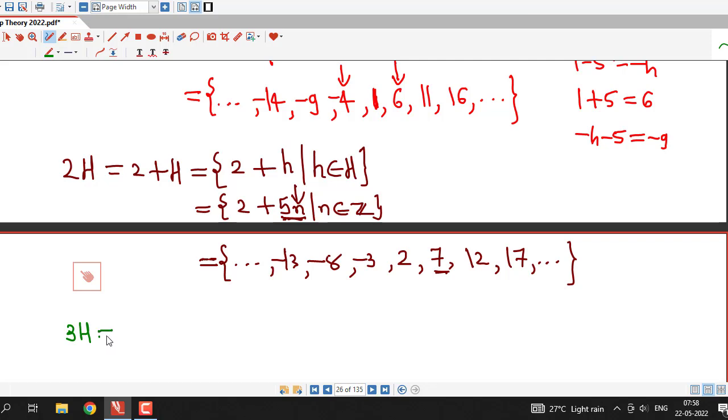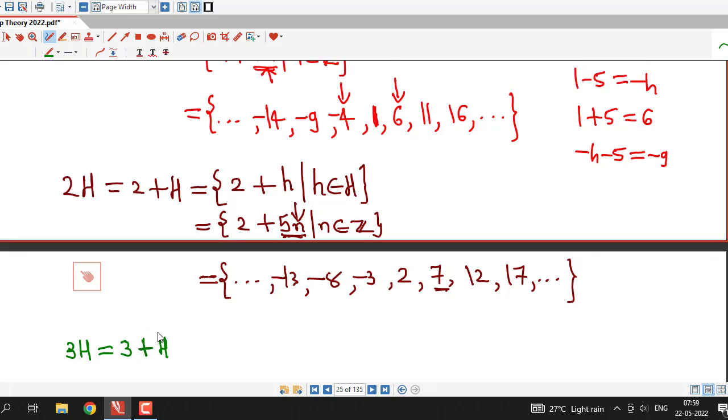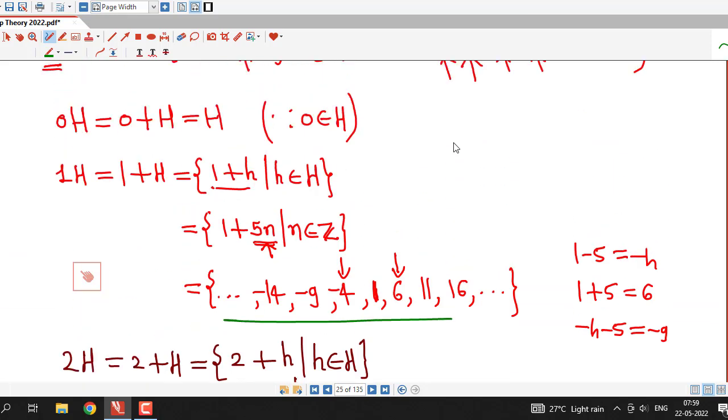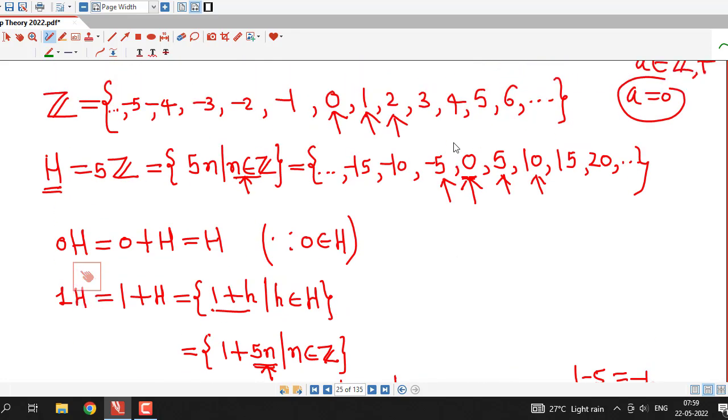Then the left coset corresponding to the element a equal to 3 is 3 plus H. So I can check whether 3 is present in any of these cosets which we have obtained. Here 3 is absent, here also 3 is absent, and 3 is absent in our subgroup also.